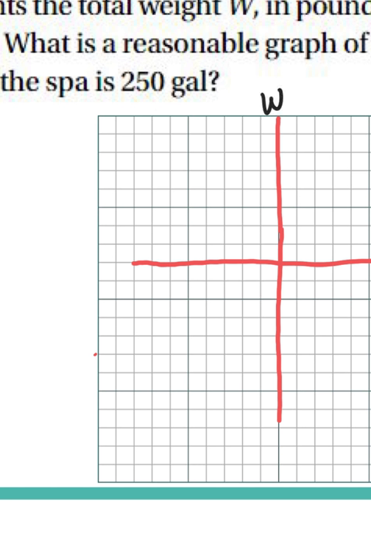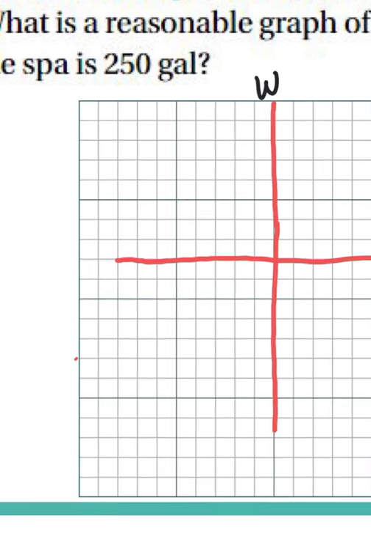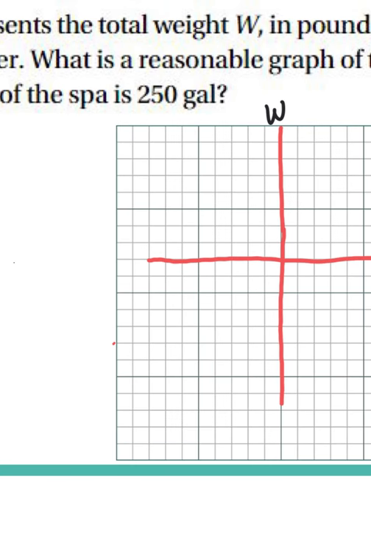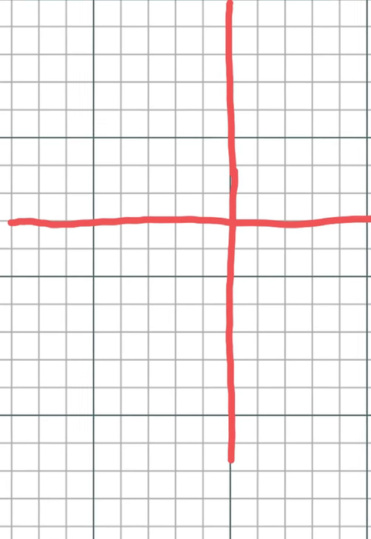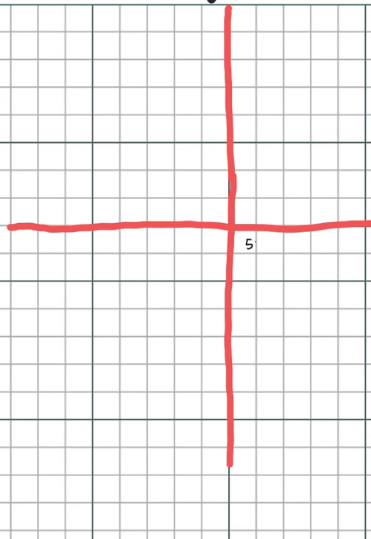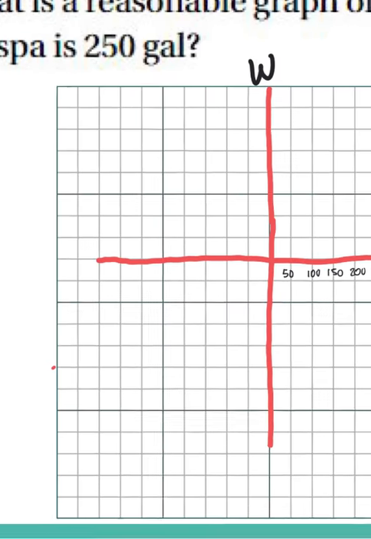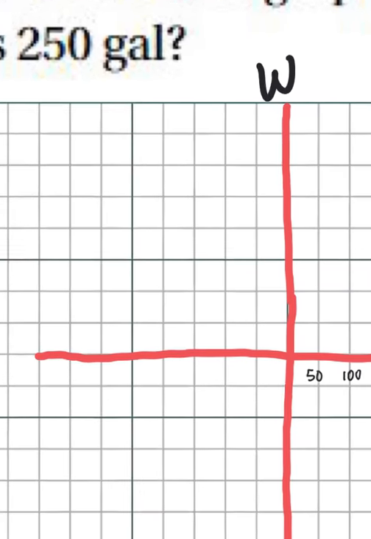So now any value for G, we're going to plug in and then we're going to get a corresponding W value. Now, what we increment by is going to be super important. In the G direction, we go from 0 to 100 to 200 to 250, so I'm going to go by 50s. So 0, here's 50, here's 100, here's 150, here's 200, and then here's 250, okay? That way we can plot it really nicely.